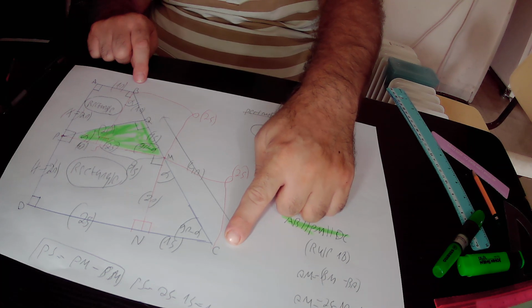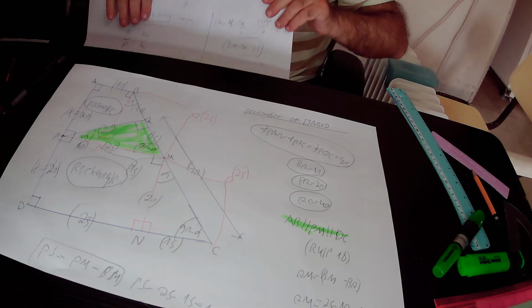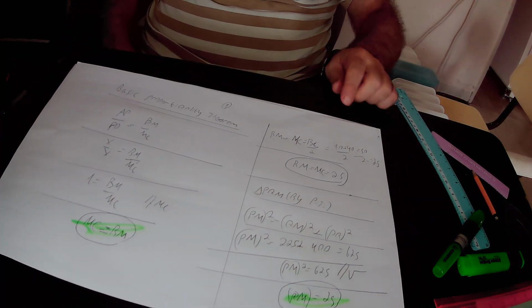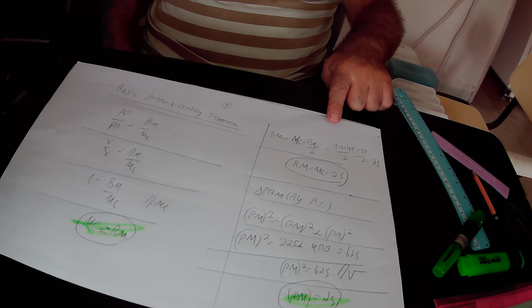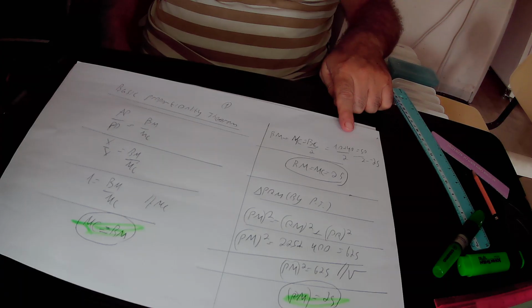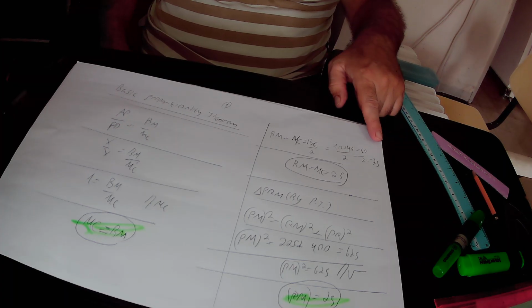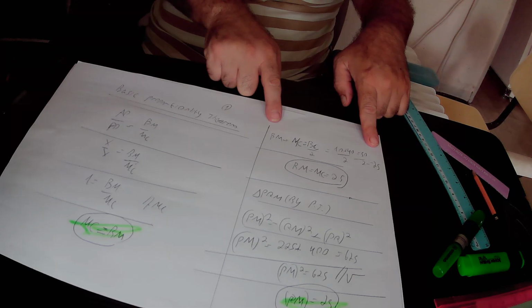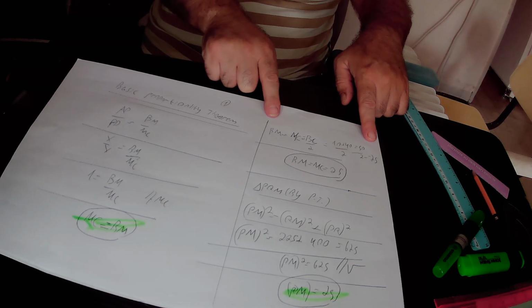So BC in total is 50. And BC over 2 is 50 over 2, that is 25. From this, we derive that BM equals MC equals 25.